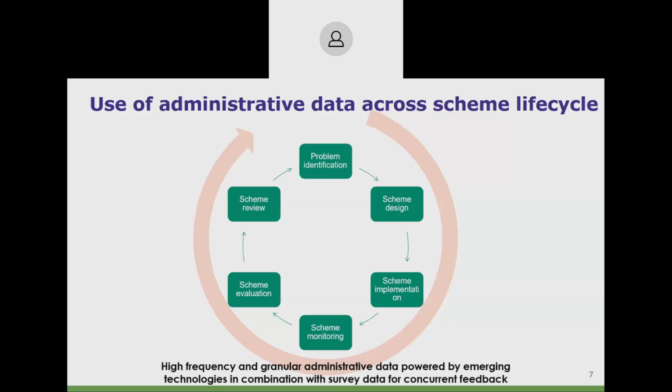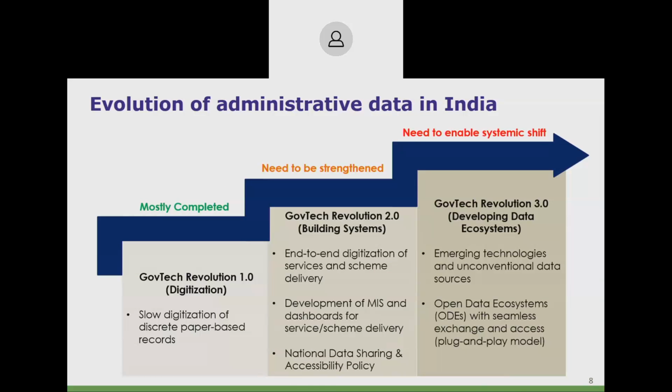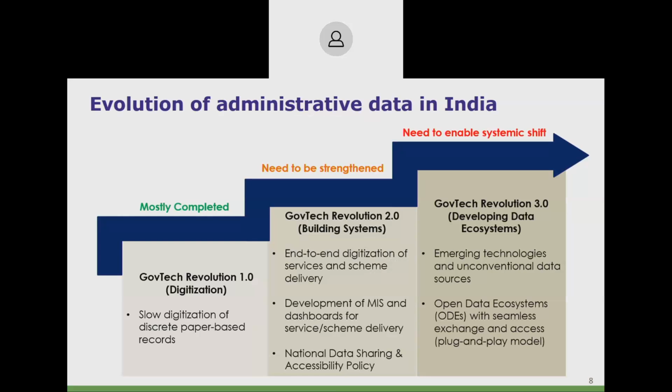And let's look at how this has evolved in terms of the GovTech sector that we are talking about. If you look at the evolution of administrative data sets, initially it all started with individual systems, somewhere around the mid 90s and up until mid 2000s, and then up until let's say 2017 or 18, there was this entire drive of building MIS systems along with dashboards.